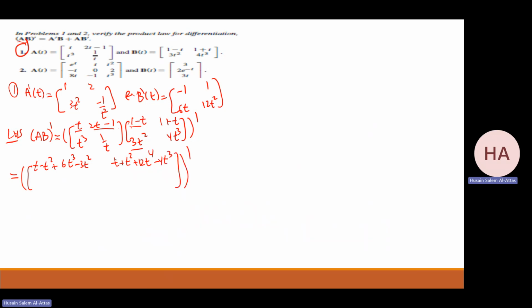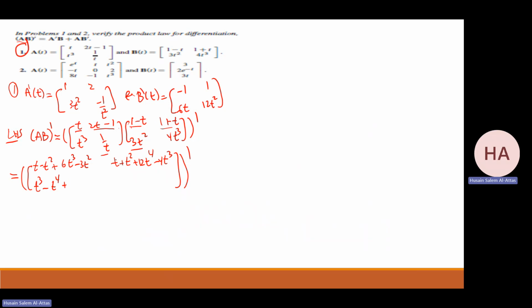Now, what is the result here? t cubed times this. That will be t cubed minus t to the power 4, plus 1 over t times this gives me plus 1. Now, be careful.